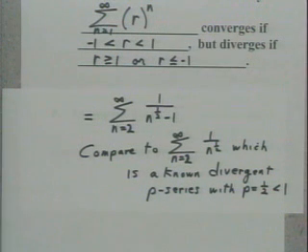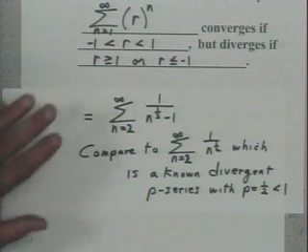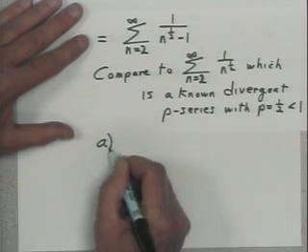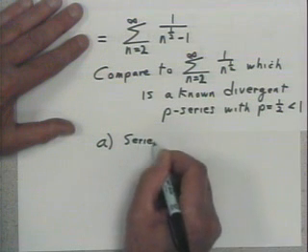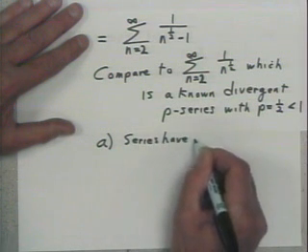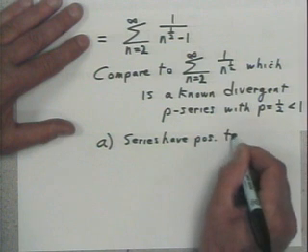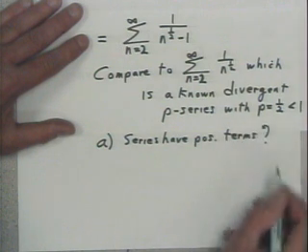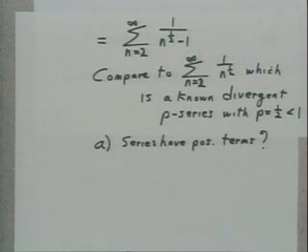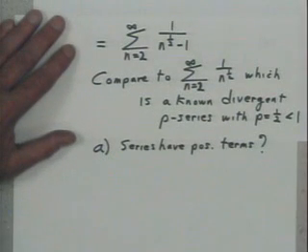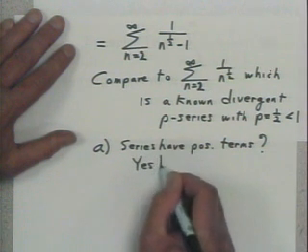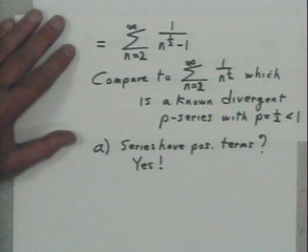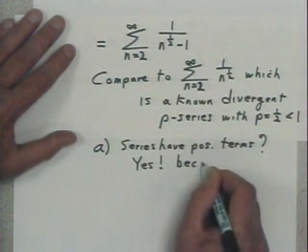All right. Now, what do I have to establish? Two things. First thing I have to verify is, do the series have positive terms? That's the first question I have to check. That's both of them. And the answer is yes. You can put yes factorial for emphasis if you want. Yes, and then you should give a quick reason how you know.